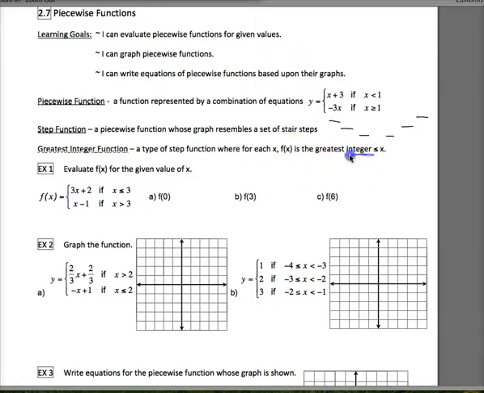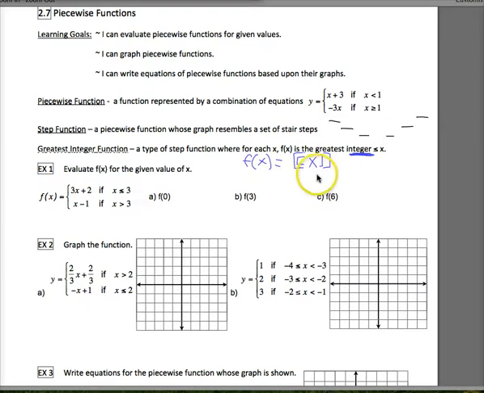Now, integer, if you remember way back, integers are your counting numbers and their opposites. So 0, 1, 2, 3, 4, and the negatives, but it does not include your fractions, decimals, and so forth. A greatest integer function for notation is going to look like this. f of x equals, and then it's got almost 2 little bracket looking things around it. So that's greatest integer x.